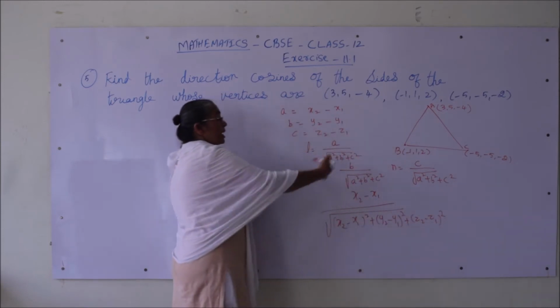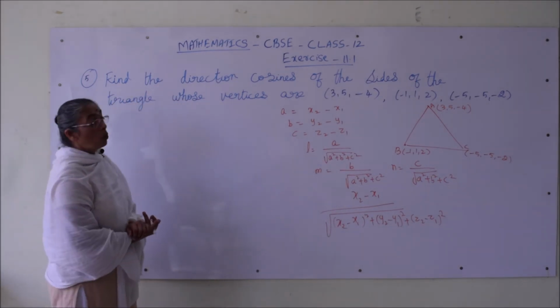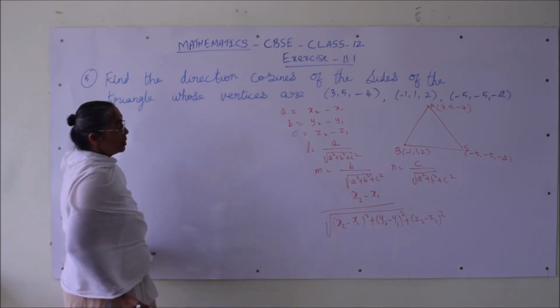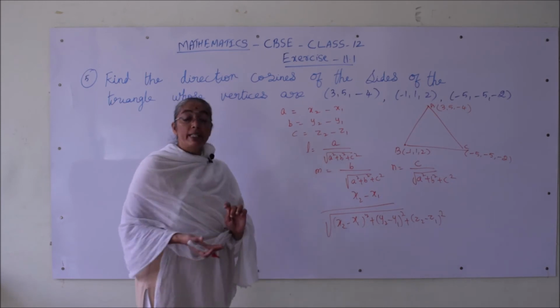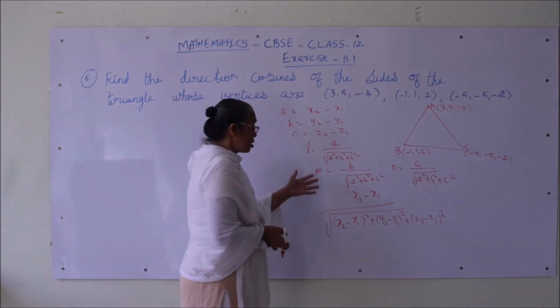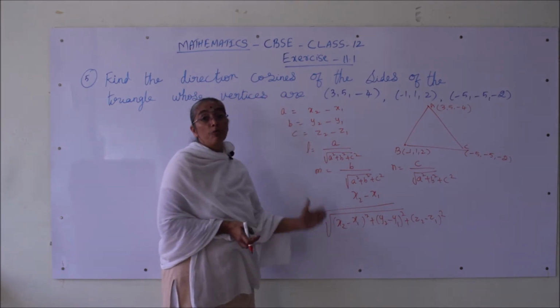Similarly, M is y2 minus y1 by the same denominator, and N is z2 minus z1 by the same. Both ways the answer is the same. No need to think this formula is so big and how can we remember; this is the way we get this formula.